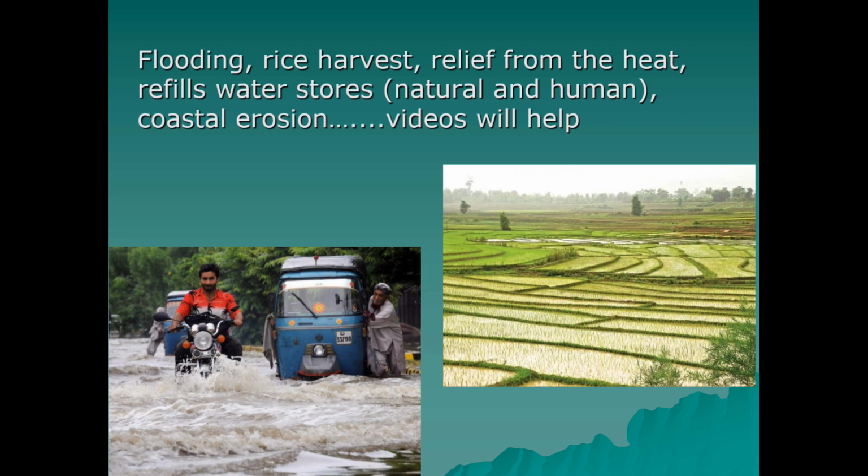It's also relief from the heat, because the very hot dry season causes a whole range of problems, melting plastic objects, people die of heat stroke. So the wet season does properly give them relief from that. You could have a little link to the water cycle, whereby all the water stores are going to fill back up again. But because it's a season of storms, you get coastal erosion.